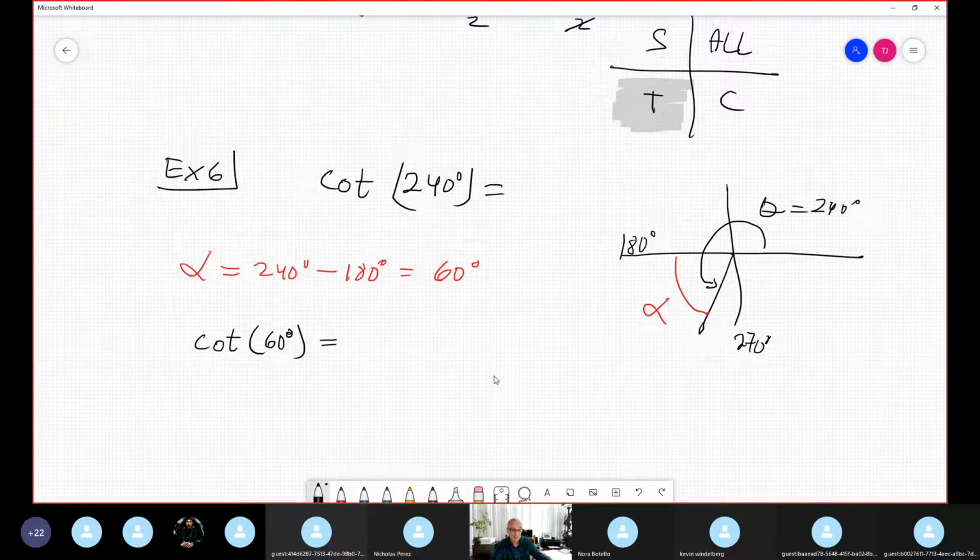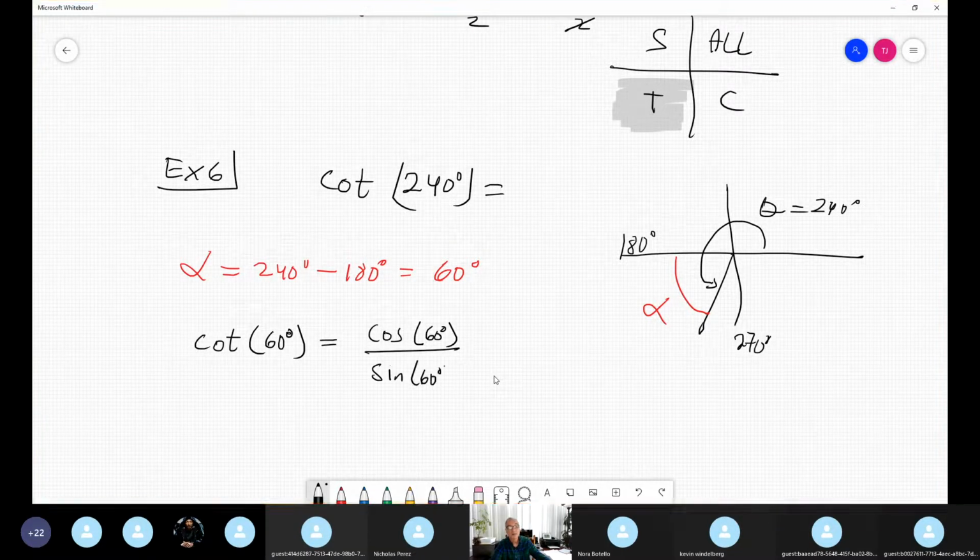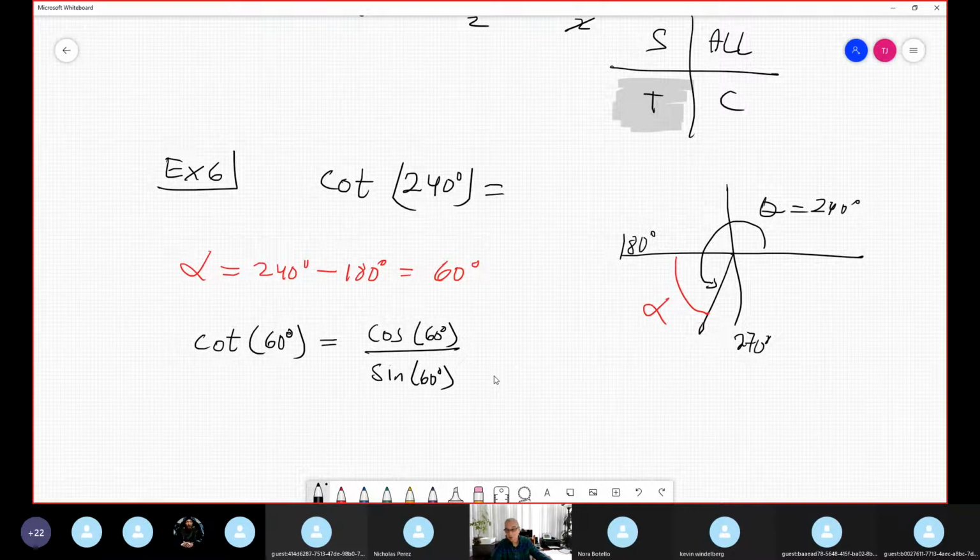And cotangent, I don't remember that, but I remember that cotangent is cosine 60 degrees divided by sine 60 degrees. This is the famous trigonometric identity that we have in our cheat sheet. Do you remember that or not? Or do you want me to put it on the board? Yes. Do you want? Yes, we have it actually.